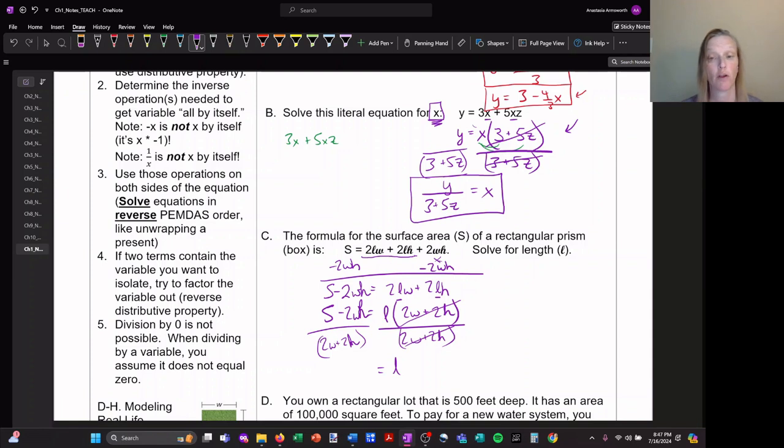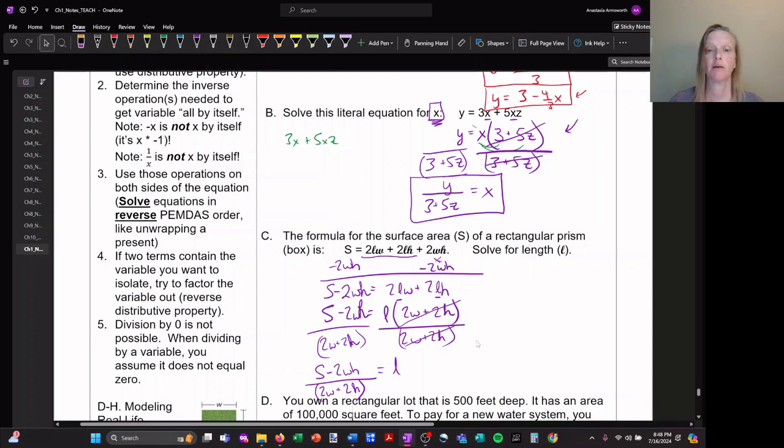And on the left-hand side, I've got S minus 2WH over 2W plus 2H. So it's a big, clunky formula, but we have rearranged this formula to solve for L.